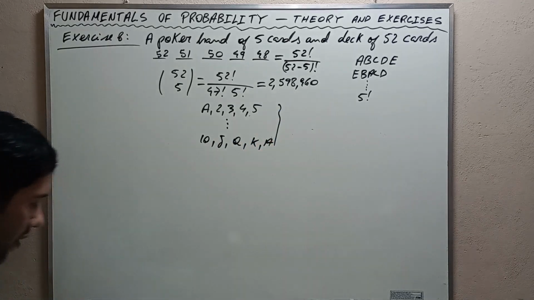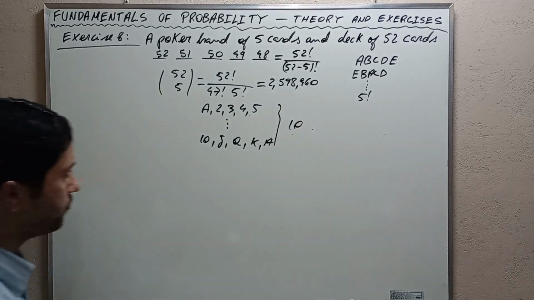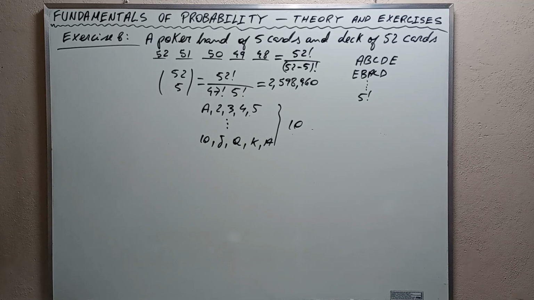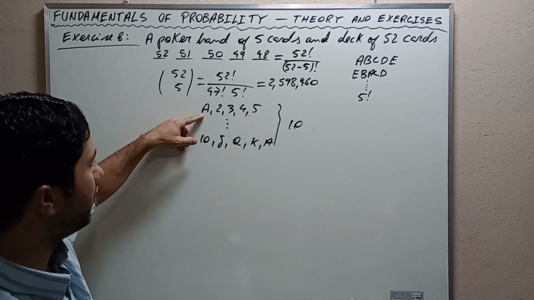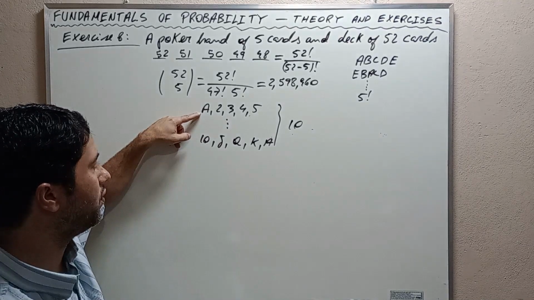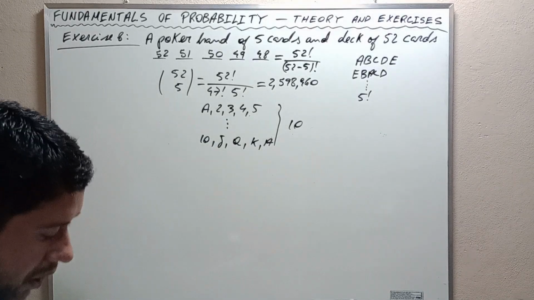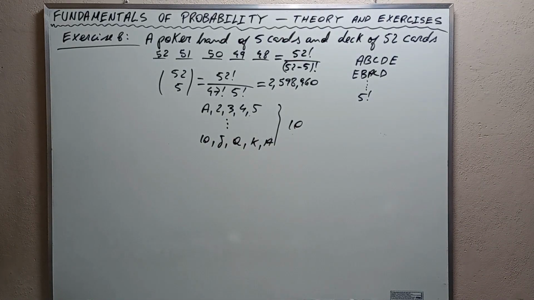We're going to have here 10 possibilities of straight, okay, with different cards of different figures, or numbers. When we vary only the number, we are not varying the suit. When we vary only the value of the card, we have 10 possibilities here. There are 10 possible straights of different figures, or if you prefer, different values.